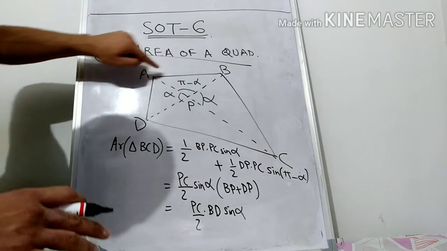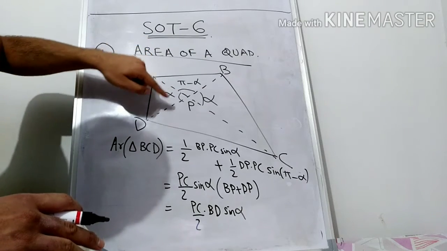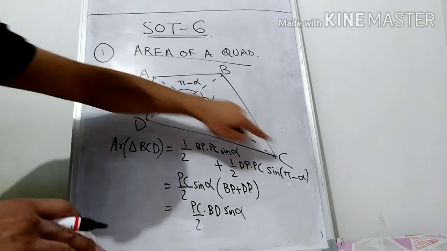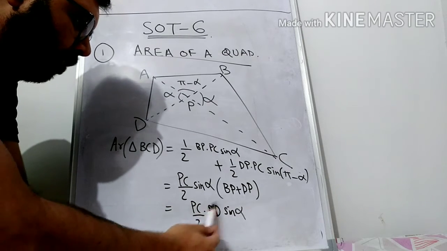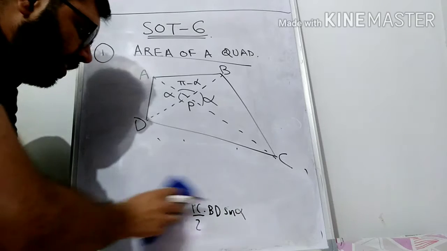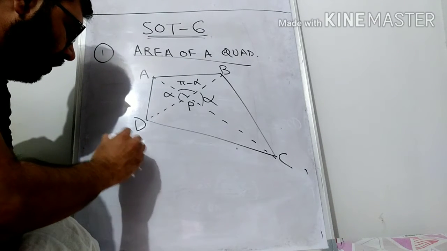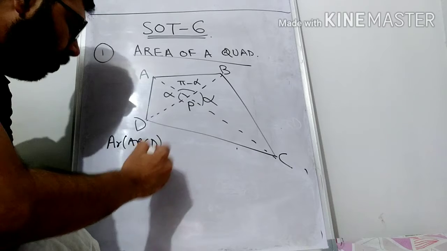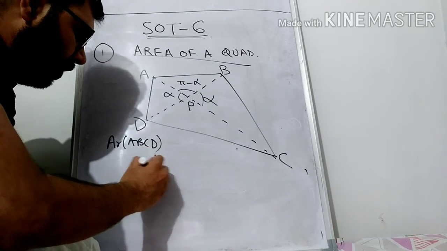The area of the first triangle was AP by 2 into BD into sine of alpha, and for the second triangle, BCD, we got the area as PC by 2 into BD into sine alpha. If you add these two areas, I am trying to find the area of the quadrilateral ABCD, which is made up of these two triangles.